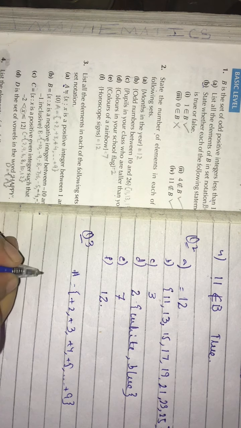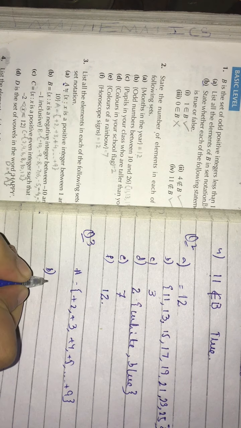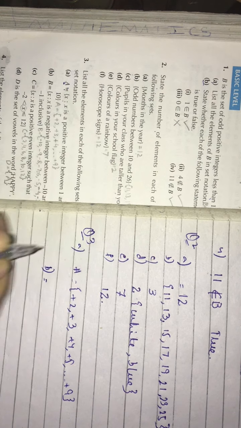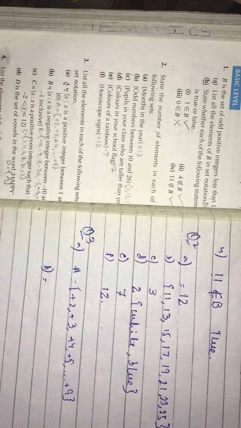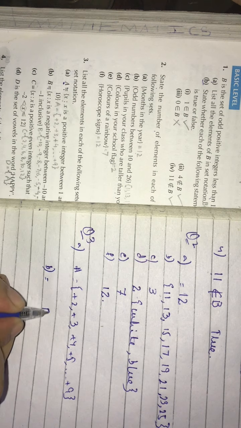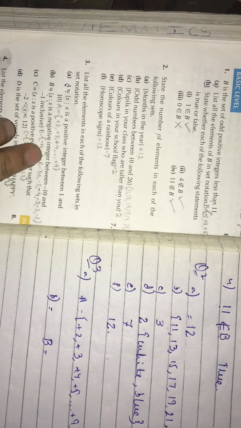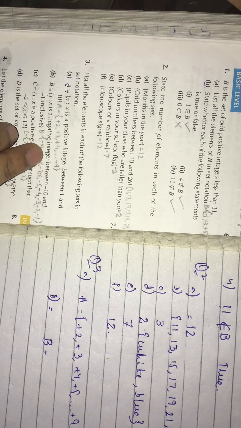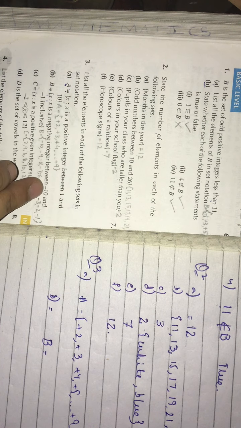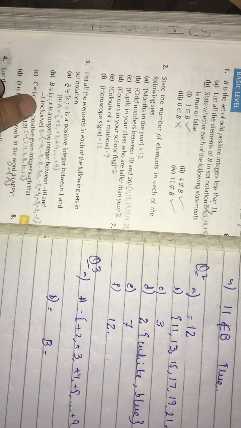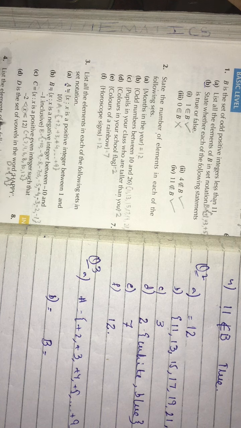Okay, now B part. B equals, B is the set name, x such that x is a negative integer between -10 and -1 inclusive. Inclusive means that -1 and -10 are also included.